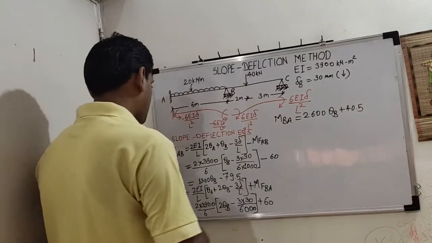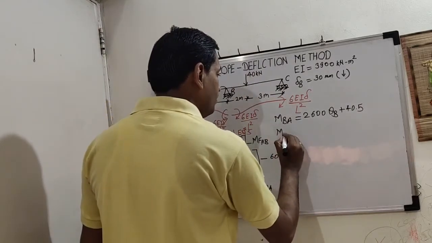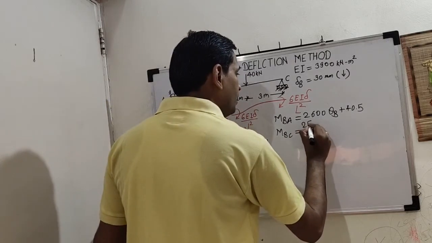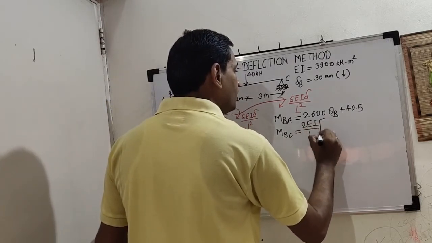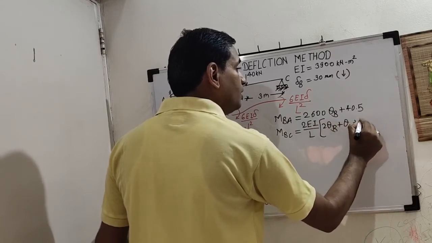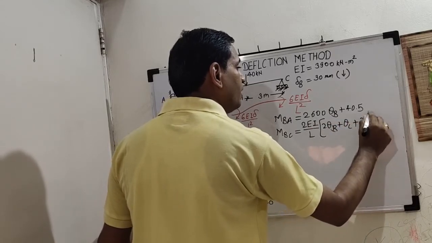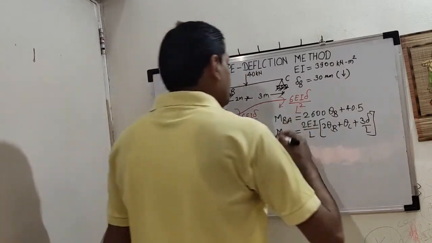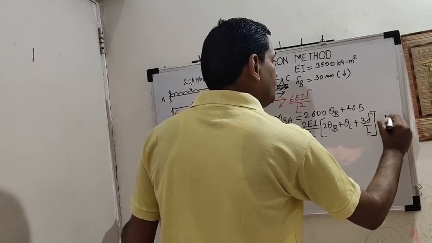This is MBA. Similarly, find out MBC. Write the equation first. 2EI by L into bracket 2 theta B plus theta C. Now here is plus 3 delta by L. Why? Because of this. And minus MFBC.